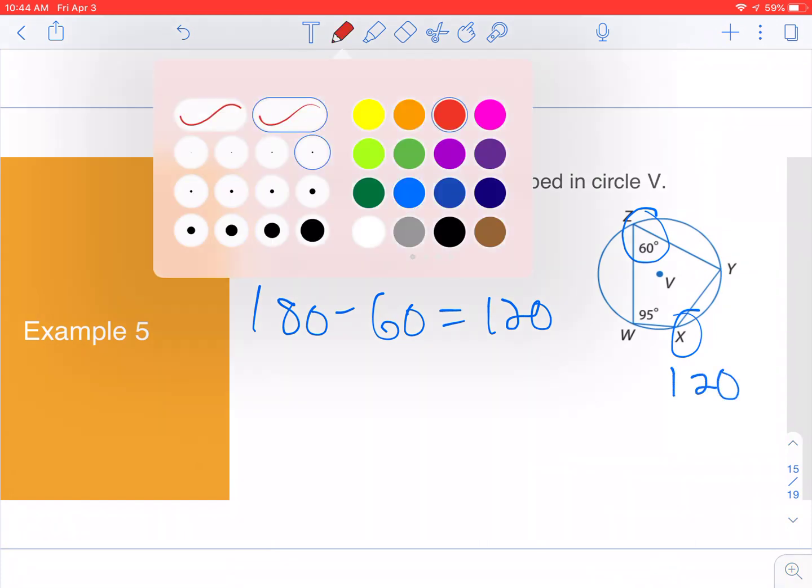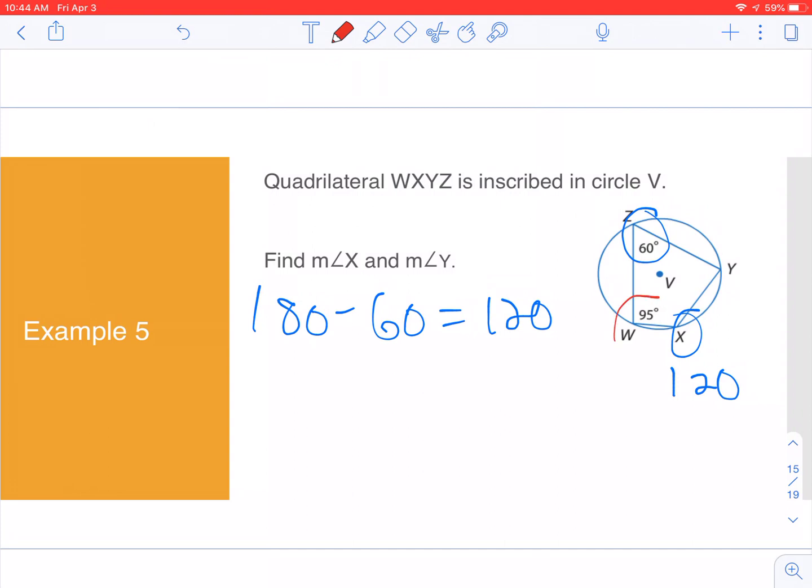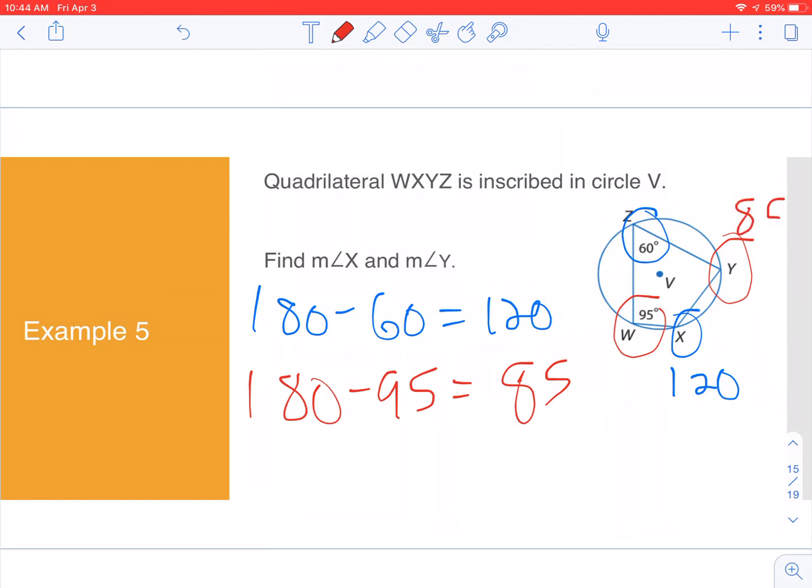We'll use a different color. W and Y are opposite. 180 minus 95 equals 85. And those are my 4 angles. Okay, pretty simple stuff you've done with triangles before. Now we're just, and quadrilaterals really, now we're just using it in a circle.